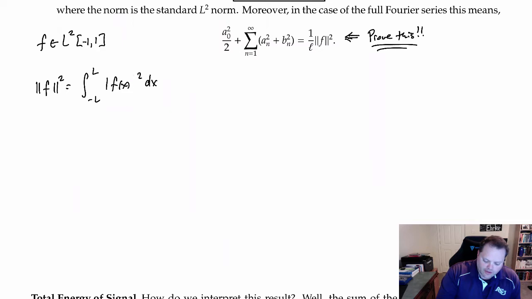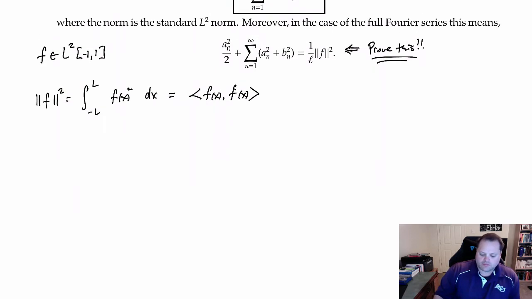And really, we don't need the absolute values here, because it's just the function squared. Remember, the norm squared is the same thing as the inner product of f with itself, because the square root of the inner product of f with itself is the norm. So the square takes care of the square root. So this is just your standard inner product like we've talked about before.